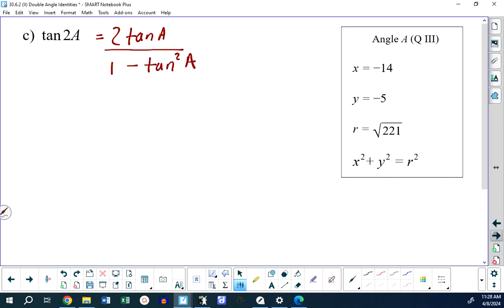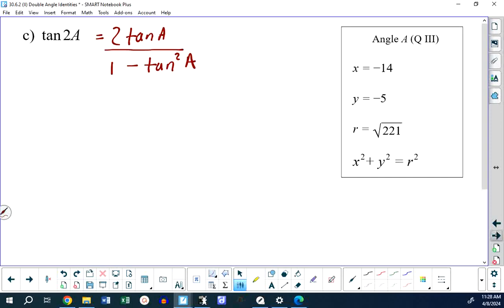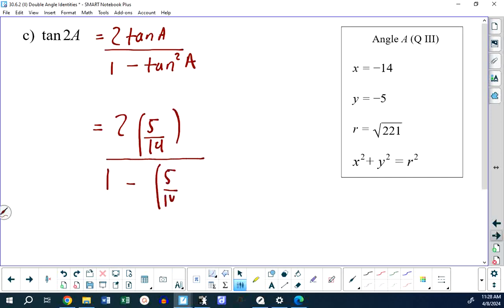Anybody else agree with me on that? So for tangent, we don't even need to do this table thing here because you were told tangent is 5/14. So any place you see a tan A, you can just put 5/14 in there. So 2 times 5/14 over 1 minus 5/14 squared.